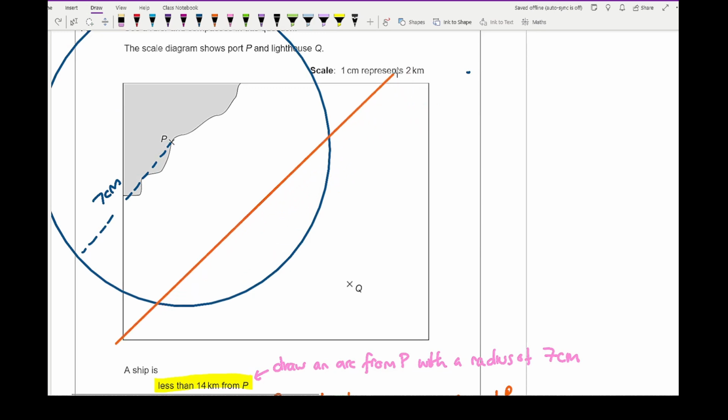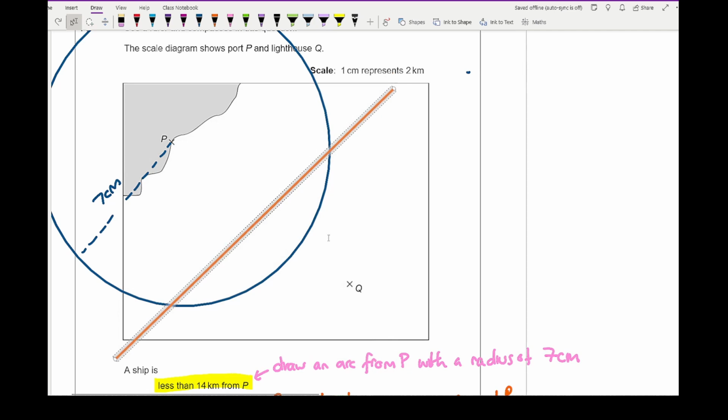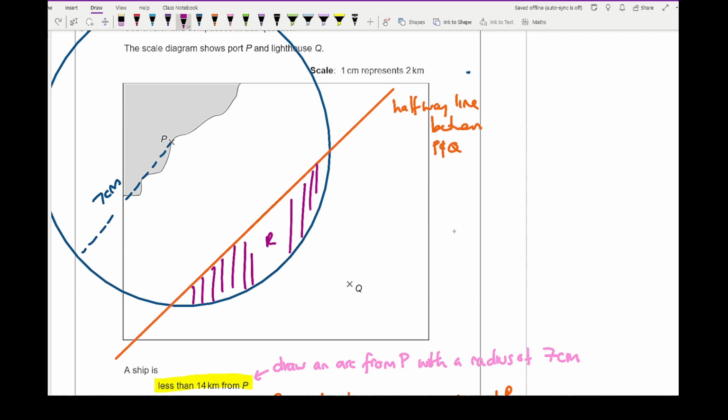So let's just say, for argument's sake, that this here is my halfway line between P and Q. Then the region R is going to be this region here, and that's what your answer should look like.